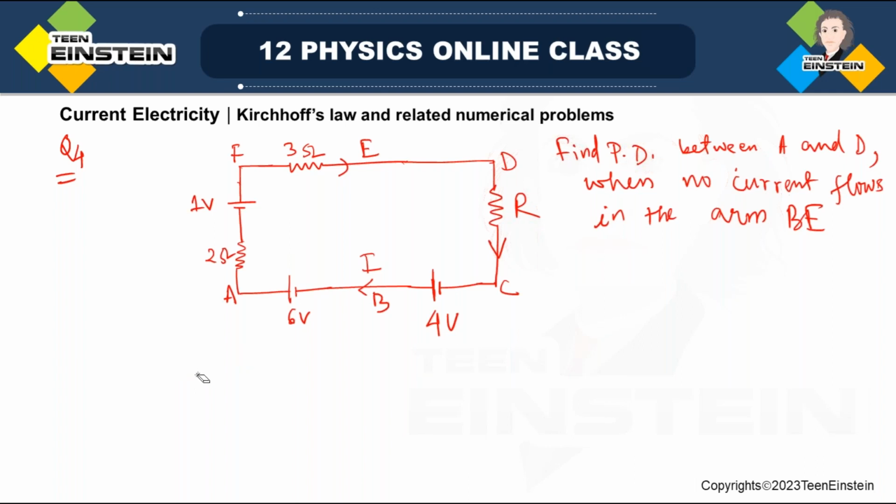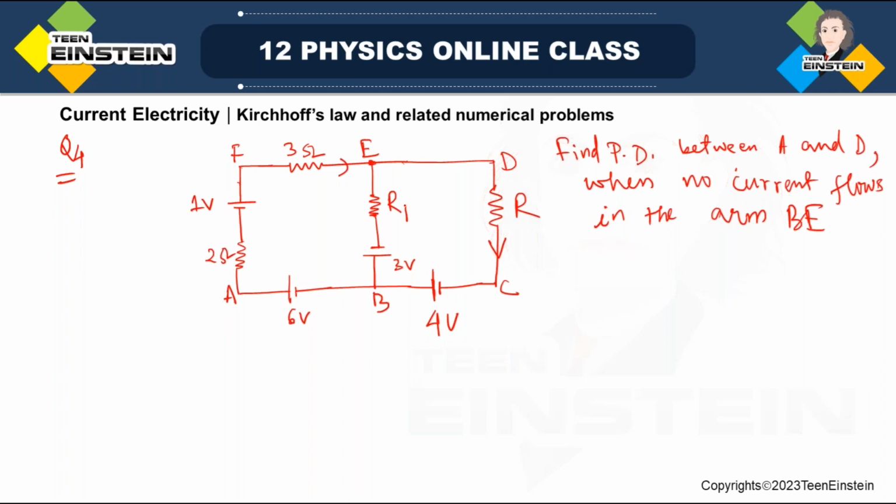So what we'll do, the original circuit we will bring back. The original circuit was, there was a resistor R1, there was a battery, 3 volt battery. Okay, this was the R1 resistor.